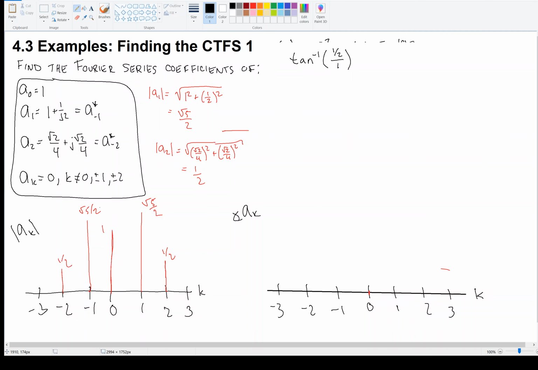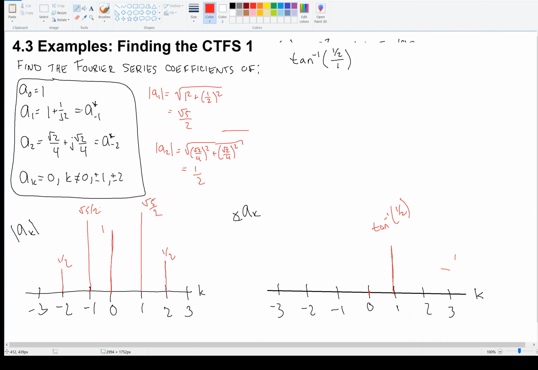Okay, and we'll just leave it like that. Inverse tangent of 1/2. In other words, the y, or the imaginary part, over the real part.